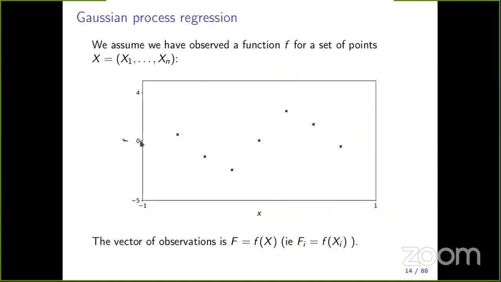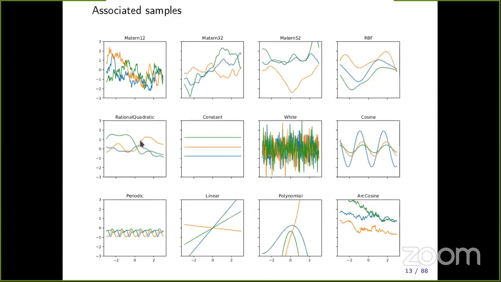Just to clarify, what is the difference between the cosine and the periodic covariances in terms of modeling periodicity? Yes. So if you sample from the cosine kernel, your sample will always be an exact sinusoidal wave, just with a phase that can change and an amplitude that can change.